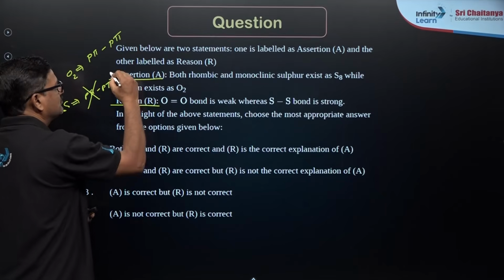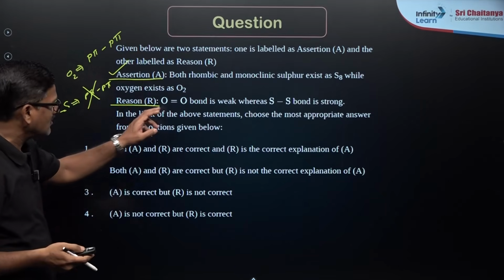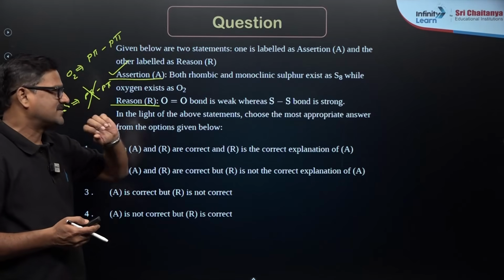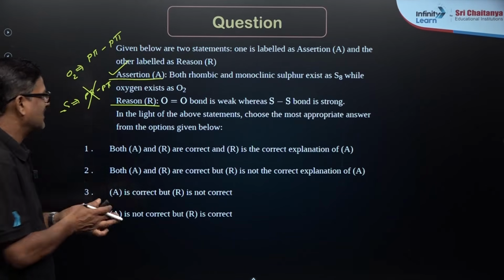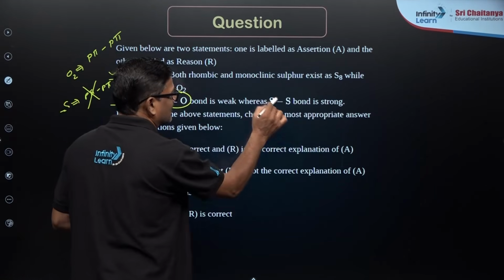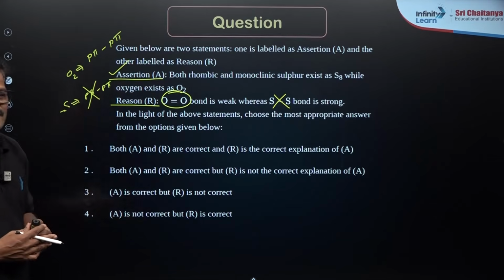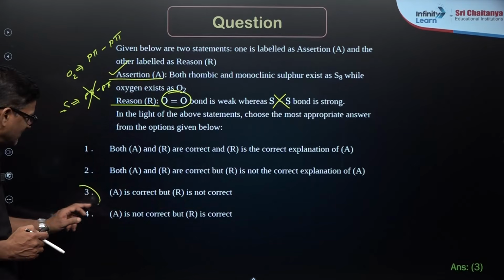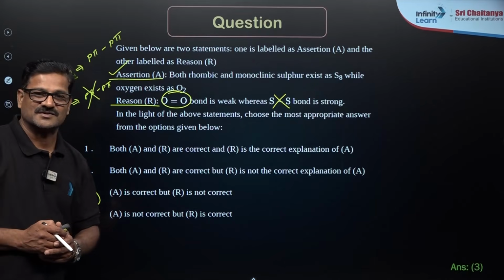That is true. And oxygen double bond is weaker as compared to sulfur single bond. Which is absolutely wrong. Double bond is stronger, single bond is weaker. So I would like to say A is correct but R is not correct. Option 3 is going to be the correct answer for this question.